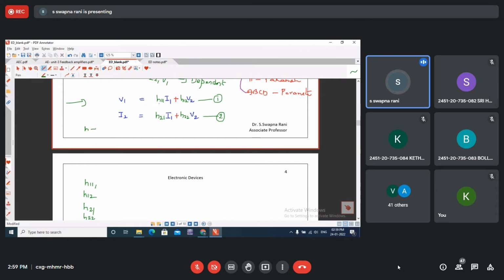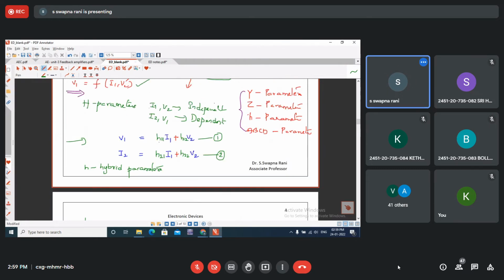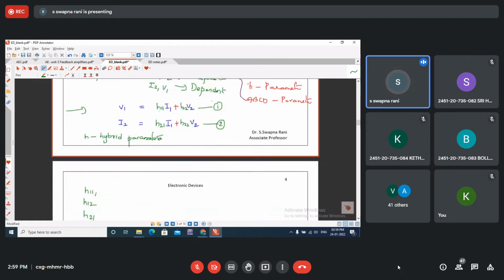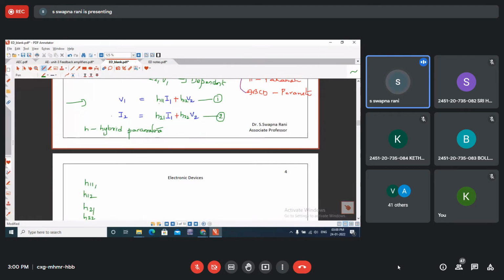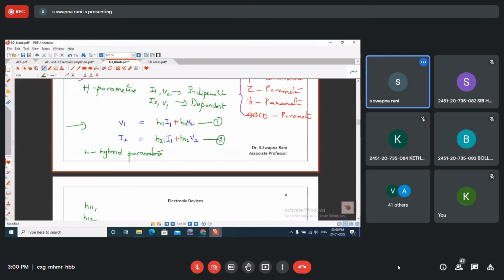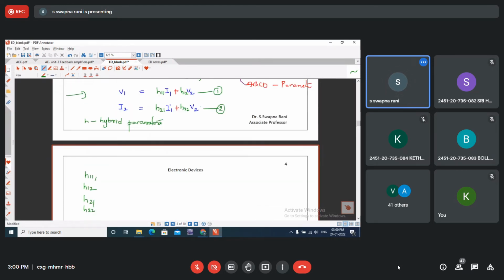H stands for hybrid. These are the two equations which exactly represent the physical behavior of the transistor.